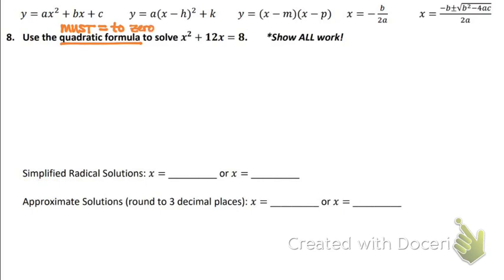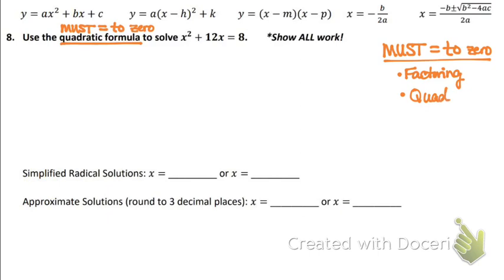There are 2 of the solving methods that we've talked about that have to be equal to 0. Quadratic formula is one of them, and factoring is the other. So the first thing we need to do is get this one equal to 0. How do I get it equal to 0? Subtract 8 from both sides.